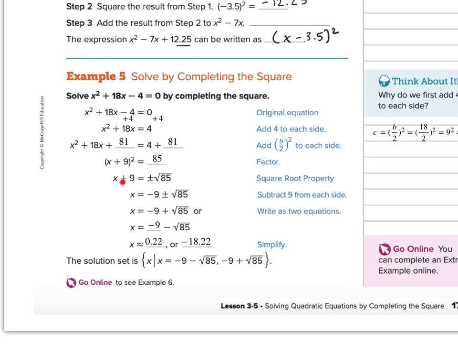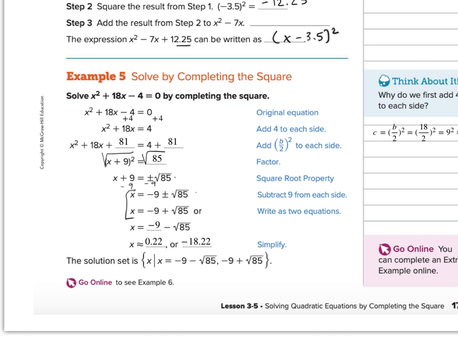And then right here, they found plus or minus the square root of 85. They found the square root of both sides. And the square root of x plus 9 squared is x plus 9. And then the square root of 85, they're just going to leave it in radical form here. So they went ahead and subtracted 9 from both sides, and that's how they came up with -9 plus or minus the square root of 85.